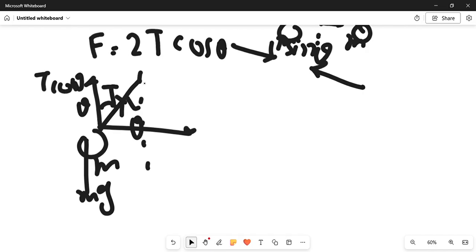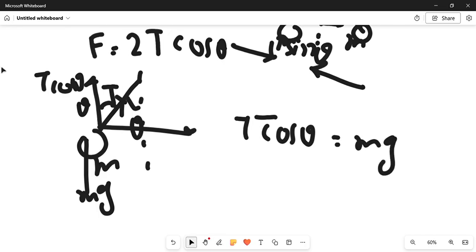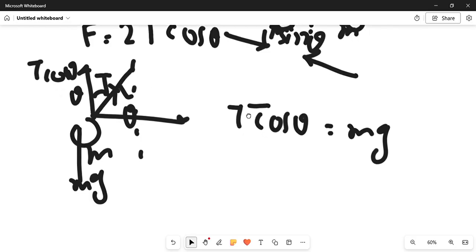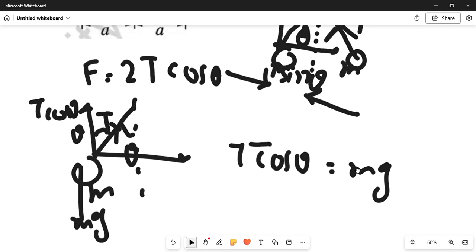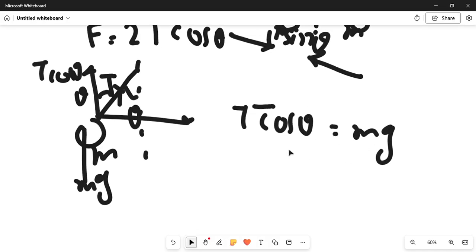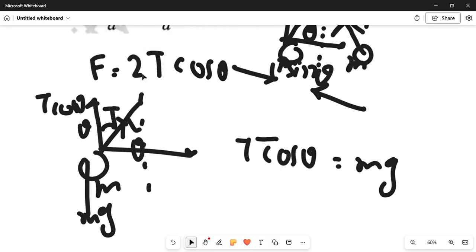So T cos theta is equal to mg, and the component T sin theta cancels with the T sin theta of the other string. So T cos theta is equal to mg and F is equal to 2T cos theta.